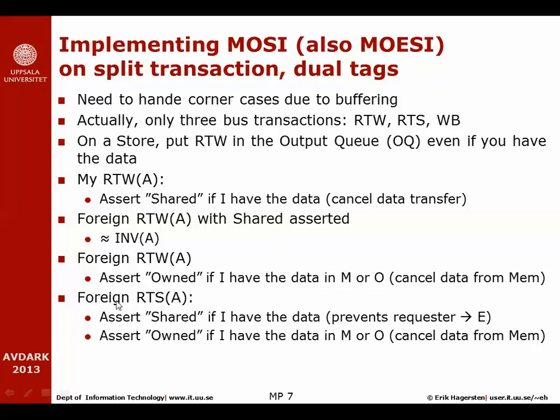Furthermore, if you see a foreign read to share request and you have this cache line in state shared, or in state owned or state modified, so in essence, if you have the data for the cache line for which you see a foreign read to share request, you raise your hand by raising this shared signal on the bus, and that signals to everybody else that there is already a shared copy in a cache, and that prevents the requester from going to state exclusive.